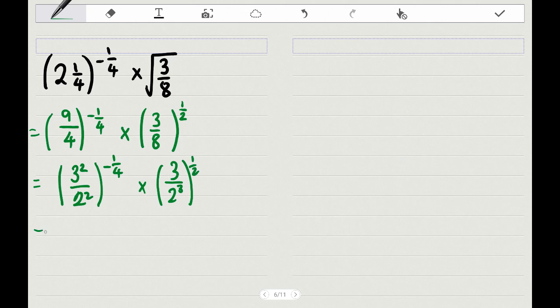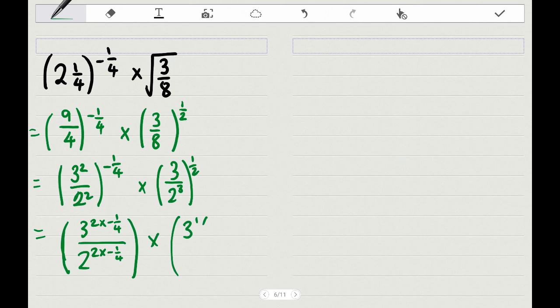Now we're going to use the distributive law for each one of them. This is 2 times minus a quarter over 2 times minus a quarter, times 1 times a half over 3 times a half. Like I said, I'm breaking up each step just so that you guys can see whenever we're using a rule.